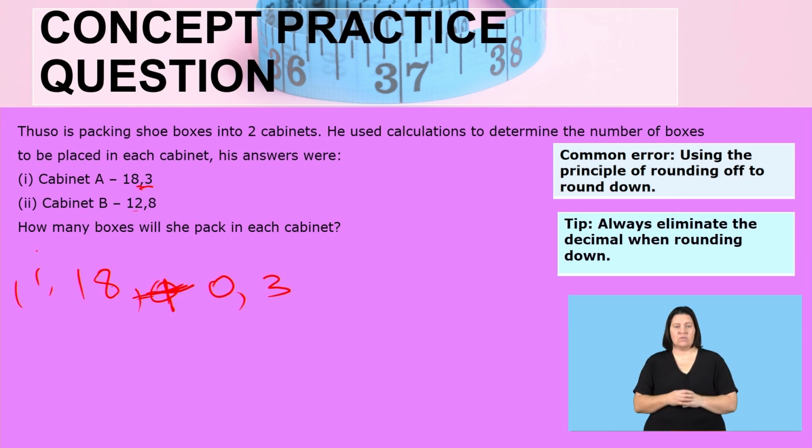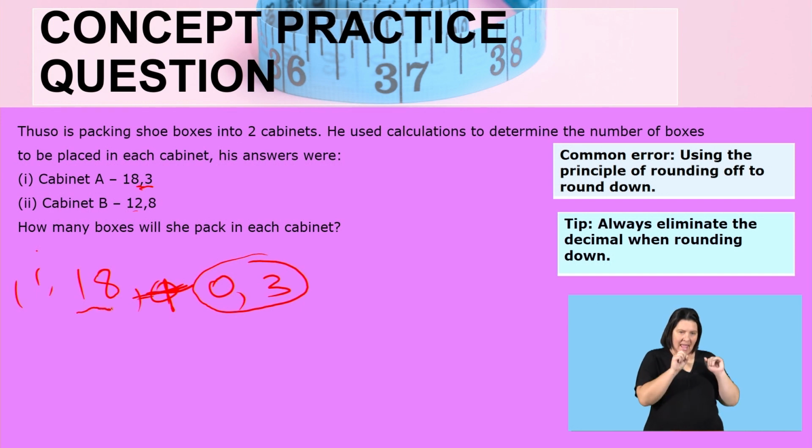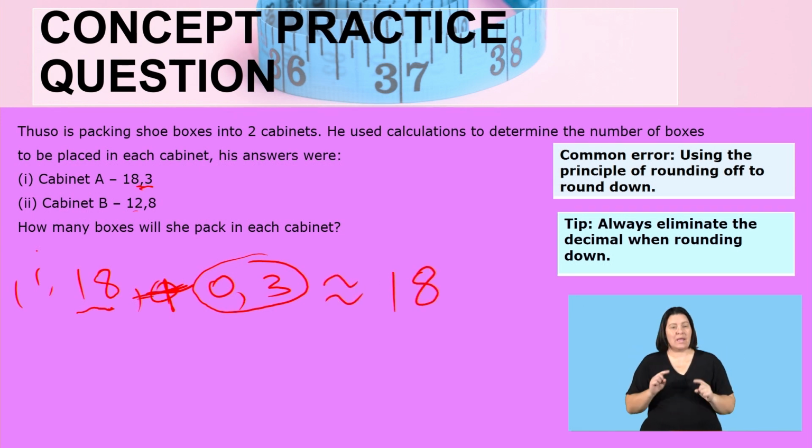So if you have 18 plus 0,3, we are saying this 0,3 will not fit in a cabinet. Because it will not fit in a cabinet, the implication is that only 18 boxes will fit. Therefore, the answer will be 18. We cannot say 19 because the 19th one will not fit. So we eliminate the 0,3.